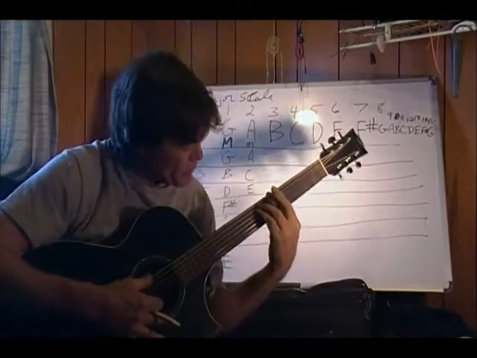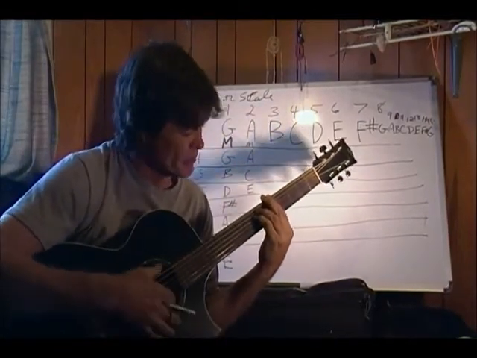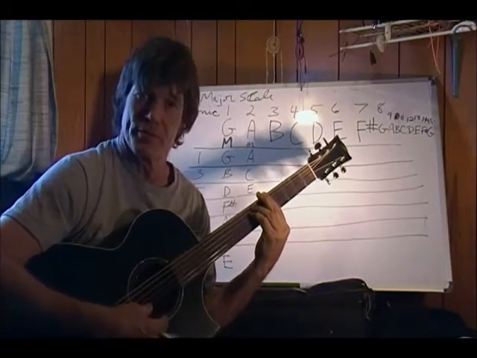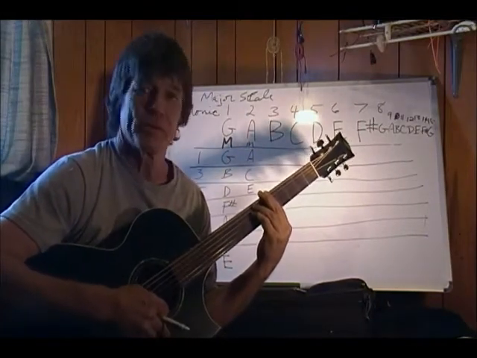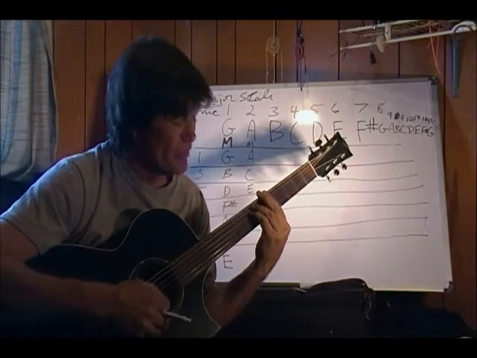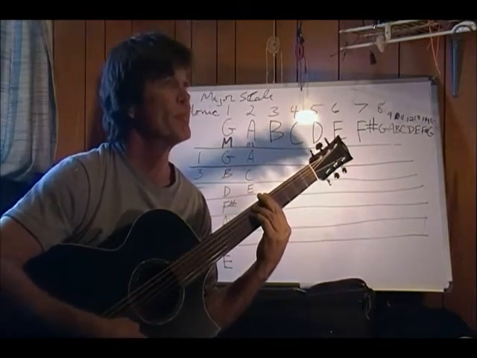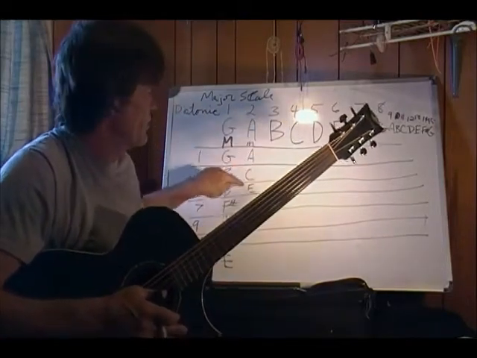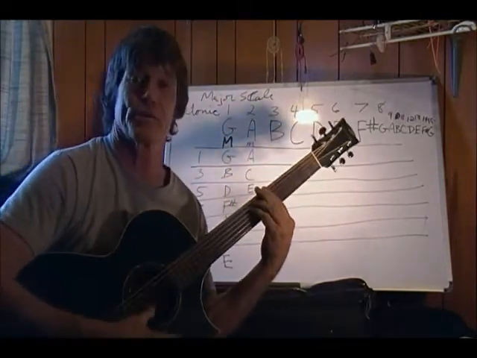So if you look at an A minor chord, 1, flat third, 5. So that chord is made up of these 3 notes. A minor.